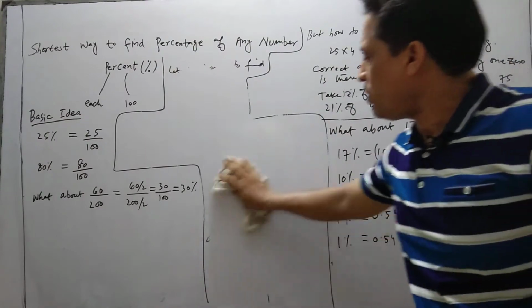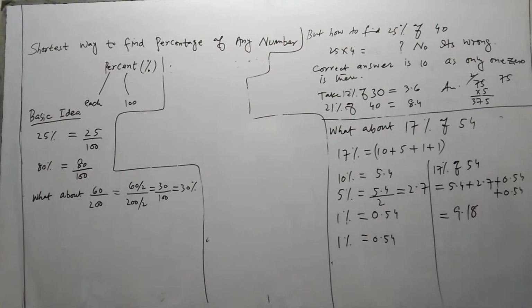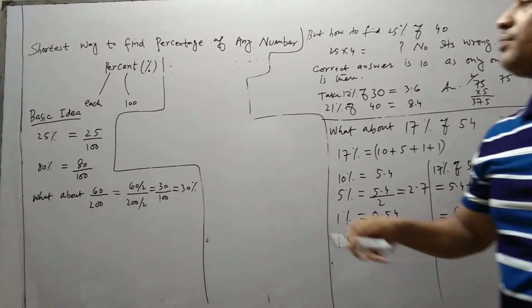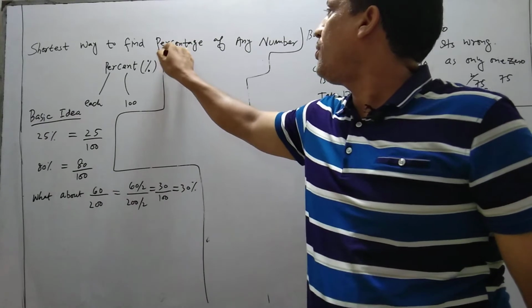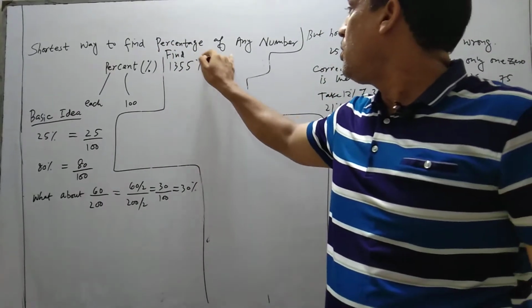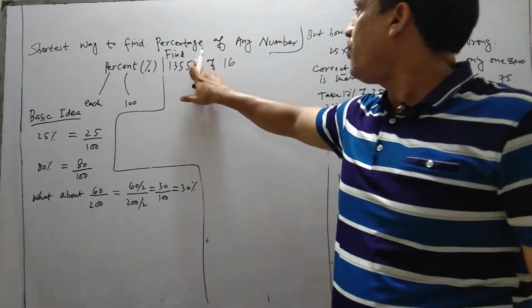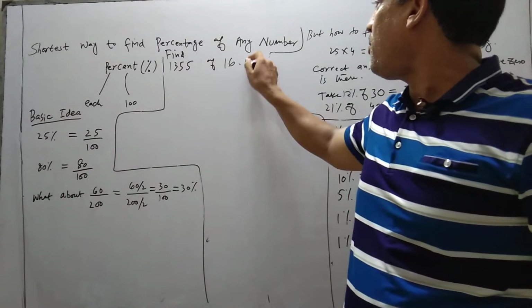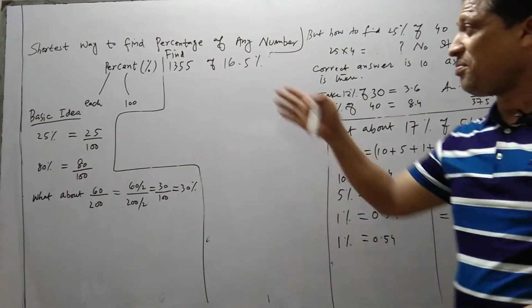See one more question which involves a decimal. Find 16.5% of 1355.